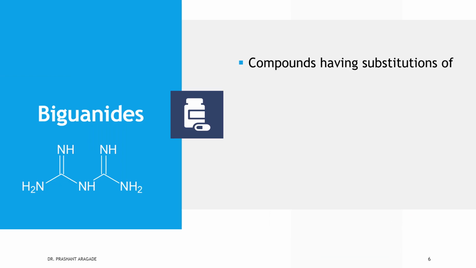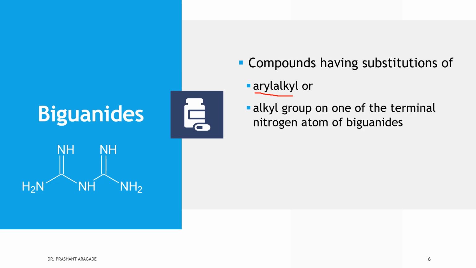Biguanides must contain a substitution, either an aryl alkyl group or an alkyl group, on one of the terminal nitrogen atoms. Either your substitution is on this terminal nitrogen atom or on this terminal nitrogen atom. So one end should be substituted and the other end unsubstituted.